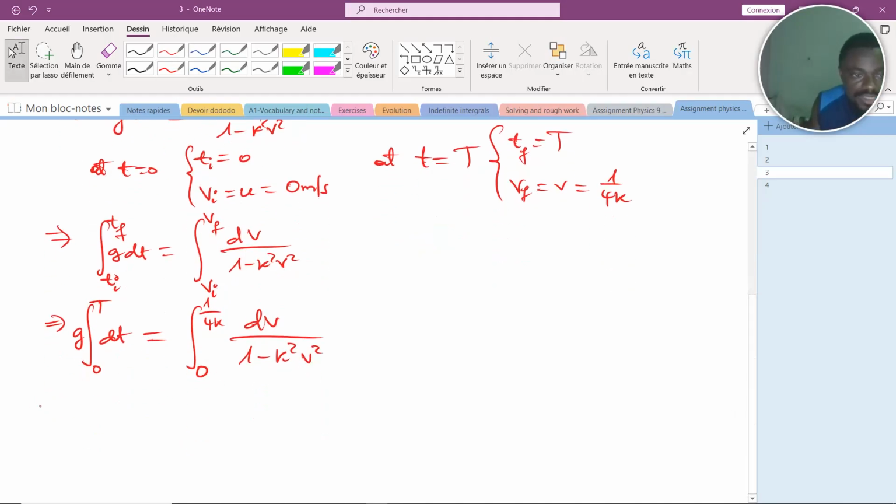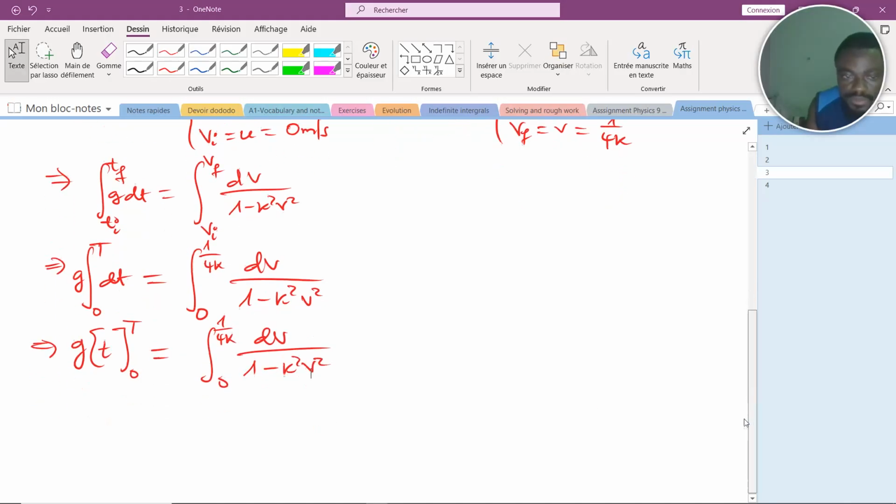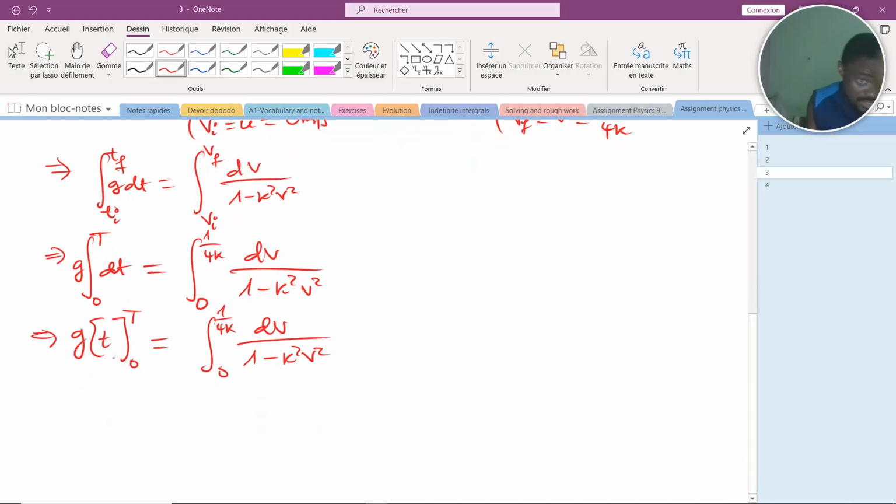Perfect. I'll simplify this side and integrate the other later. The integral of dt is t, so I'll have g times small t going from 0 to capital T, which equals the integral from 0 to 1 over 4k of dv over 1 minus k square v square.